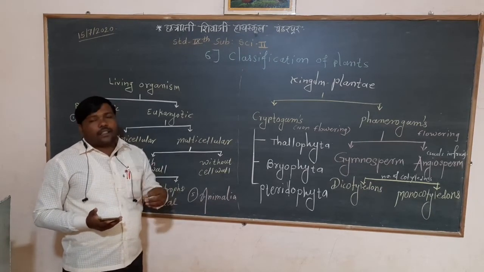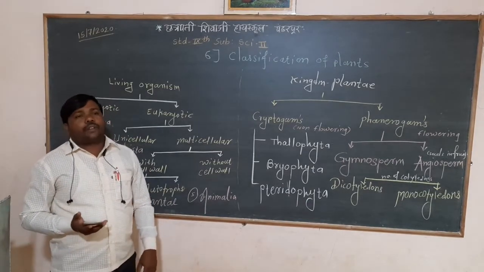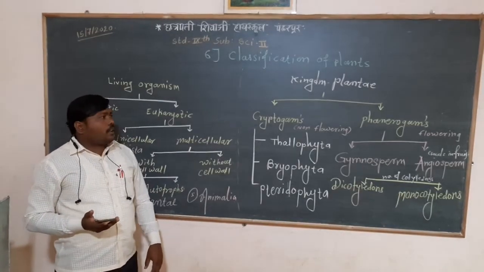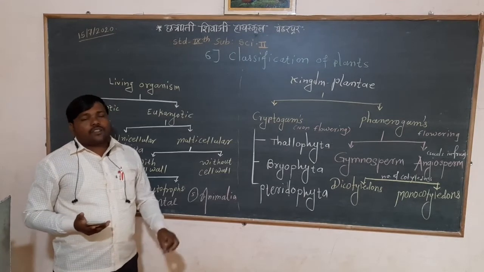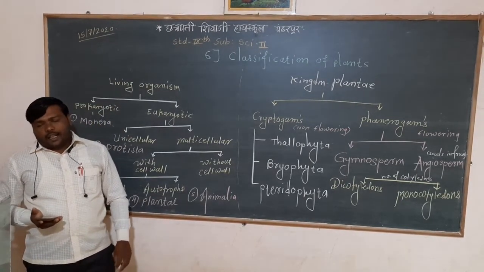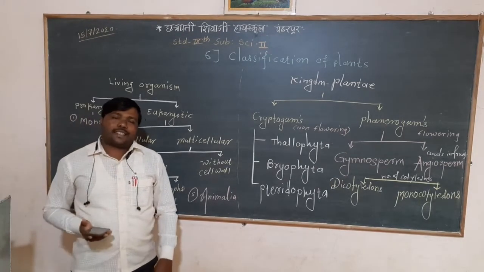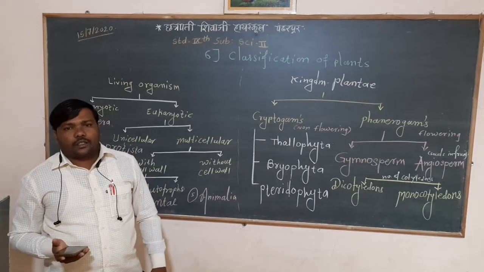In the case of living and non-living things, the living things are very important, and generally we can say that this is the living world. Why is this living world so important?